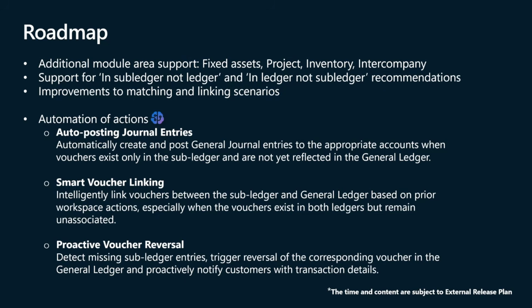And then automation of actions. When create journal entry is recommended, having that create and automatically post the journal entry, with the ability for the user to stop that in the middle if they want to review it before it posts automatically, similar to a workflow. Smart voucher linking.